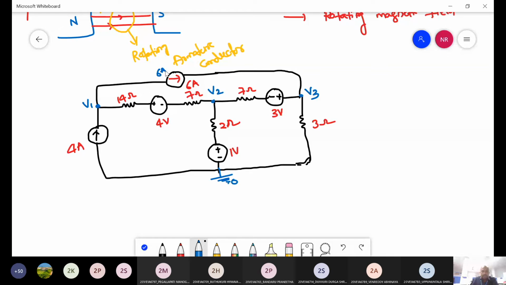So here 4 amps current is already given, it is entering, and 6 amps is also entering. Sorry, 6 amps is leaving. Then here current, I am assuming some I1 current, and here it is I2, 6. So at node 1 I am writing that equation.